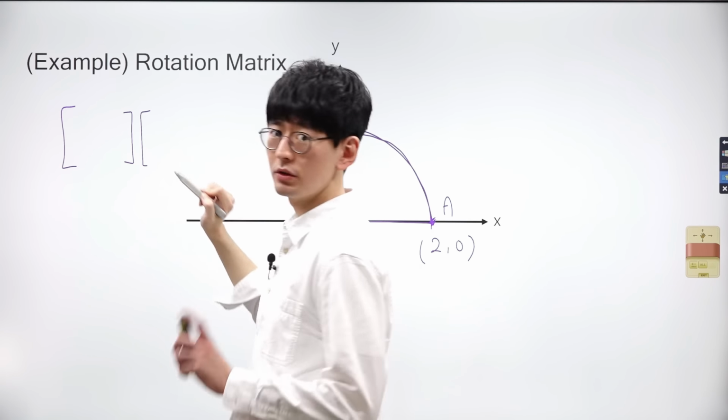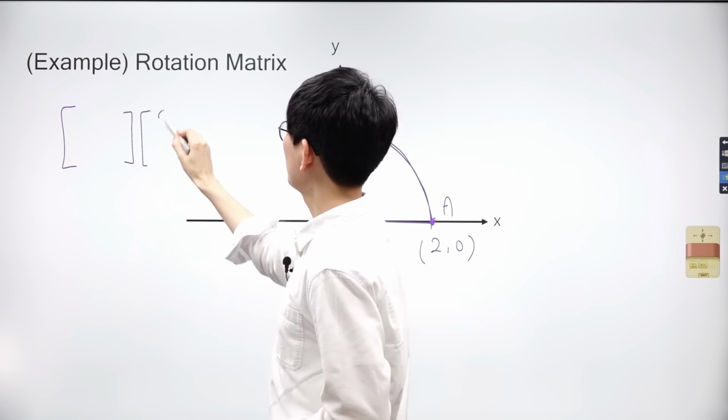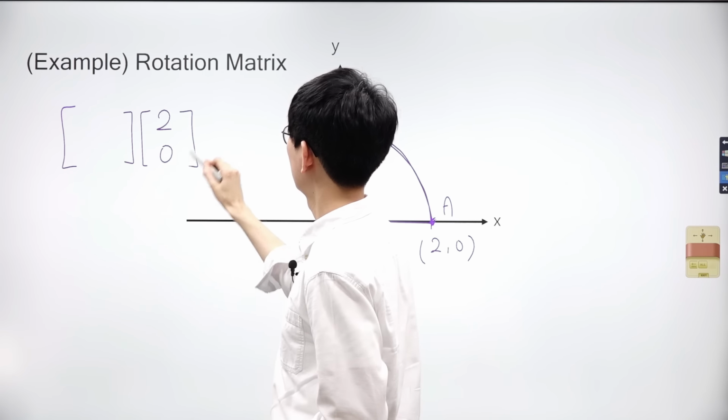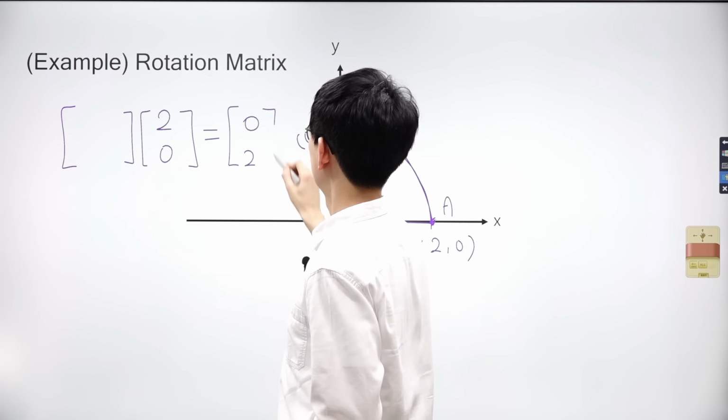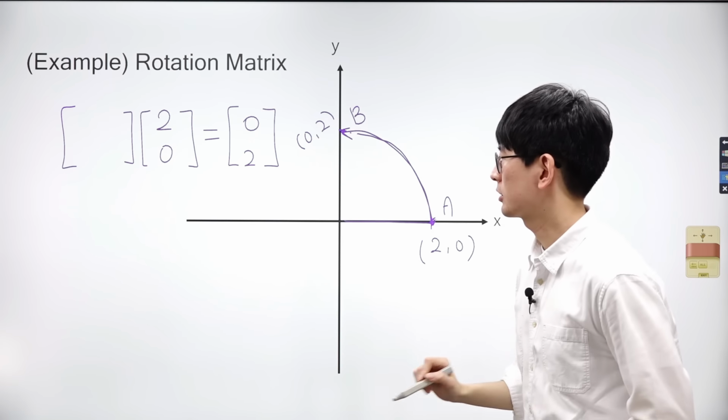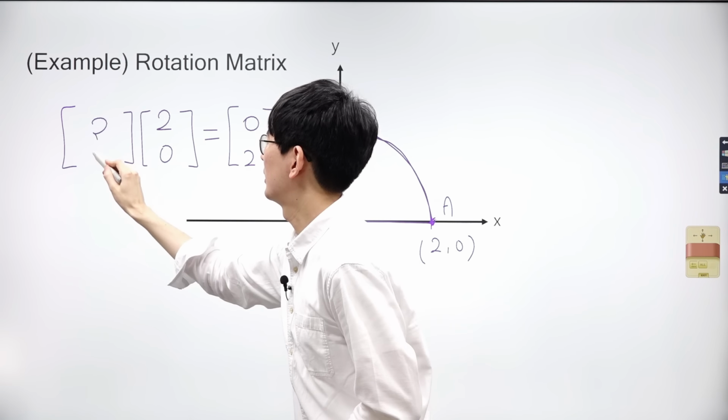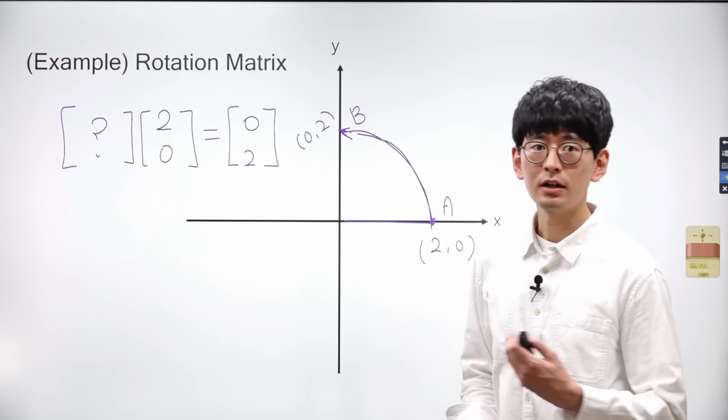We performed matrix vector multiplication on an unknown matrix with the vector 2, 0, resulting in a shift of the vector's coordinates to 0, 2. Any guesses on what this matrix might be?